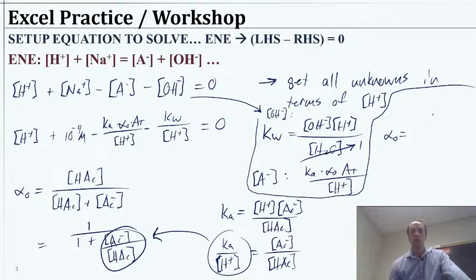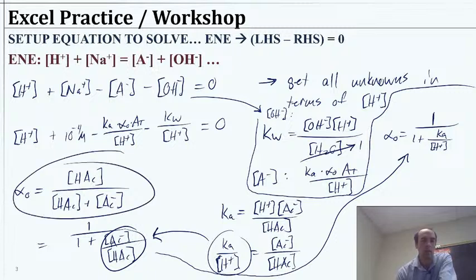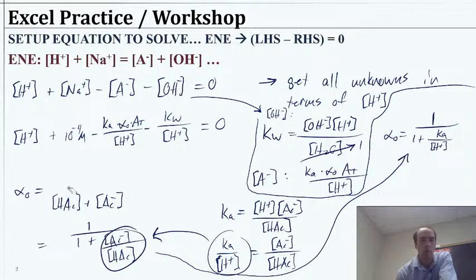So alpha 0 would be equal to 1 over 1 plus Ka over H plus, coming from here. Okay, so then when we put that all back into the equation, we can see what's going on. I'm going to shift this down a little bit real quick. I should have given us a little more room there. So I'm just going to rewrite this part.